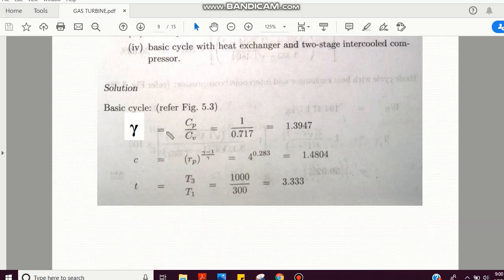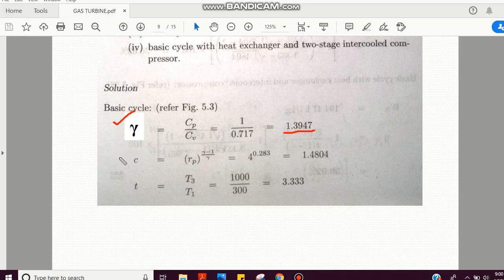First we are going to find the gamma value. Gamma is Cp by Cv, so by substituting the values of Cp and Cv, we get 1.3947.